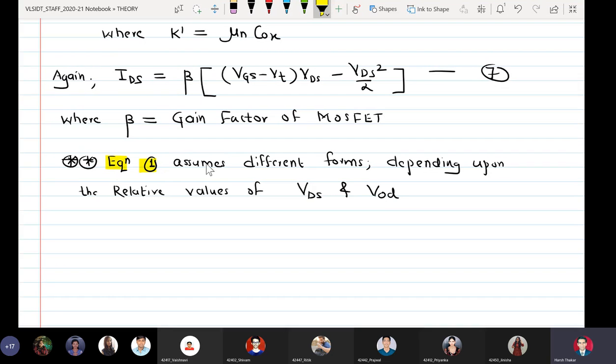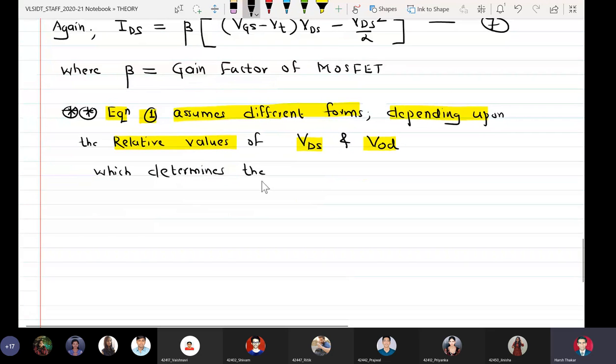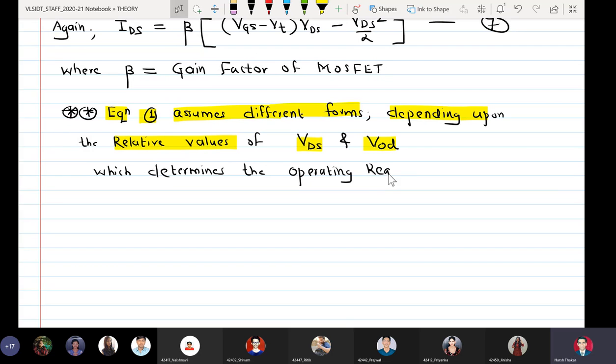Okay, equation number 1 assumes different forms depending upon the relative values of VDS and VOD, which determines the operating region of MOSFET.